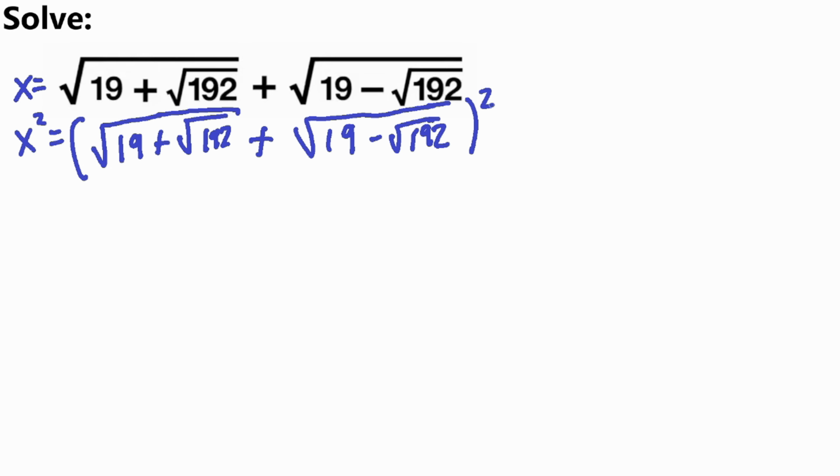so I have all that squared, and now I want to simplify it. Well, how do I simplify it? There is an equation: a plus b squared is equal to a squared plus 2ab plus b squared.